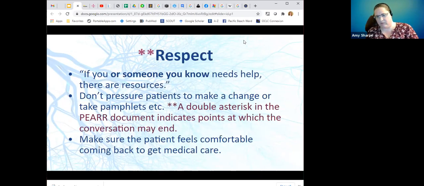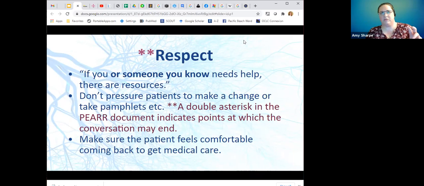And then respect. And throughout the PEARR document, they have these double asterisks for points where that conversation might end because the patient isn't comfortable with moving forward or something else happens. So, and that's okay. That doesn't mean we failed. It's just part of the process. And that's why they're there that way.